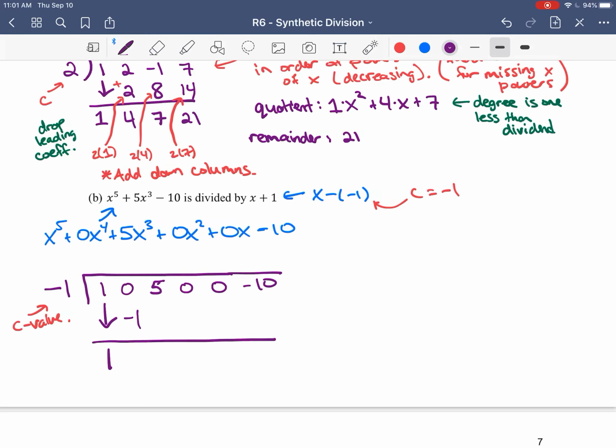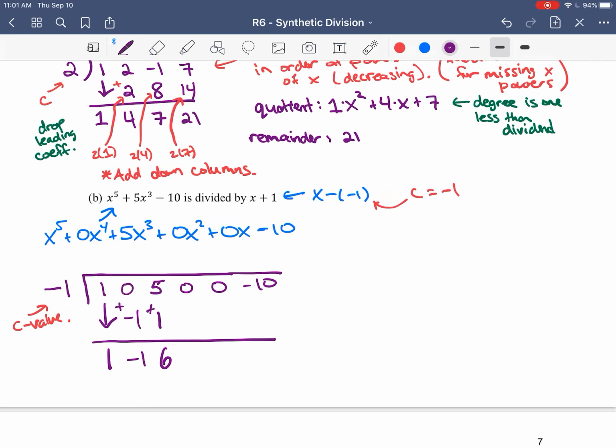Then you add column-wise, so add vertically. 0 plus negative 1 gives us negative 1. Now we take the c value times our negative 1, and that gives us our spot here. Negative 1 times negative 1 is positive 1. I add that to 5, I get a 6.